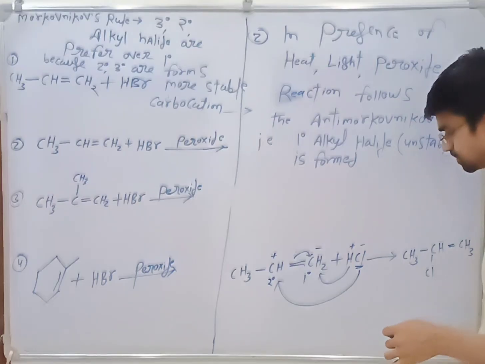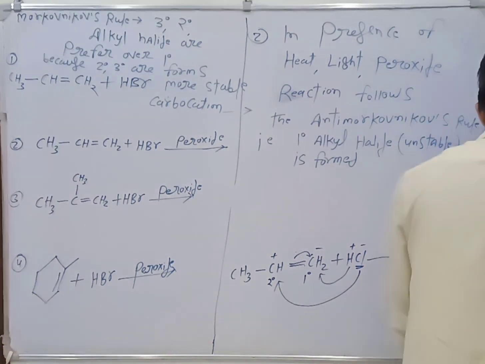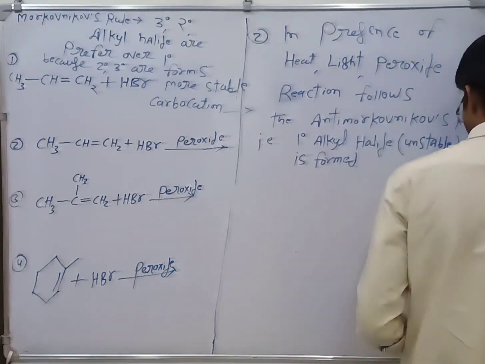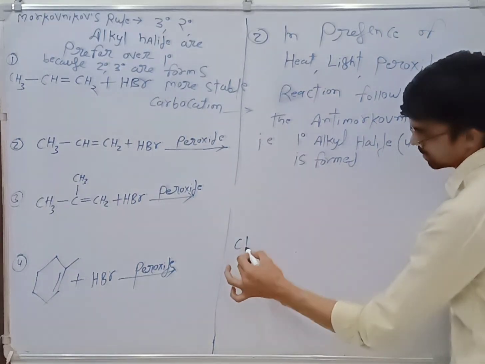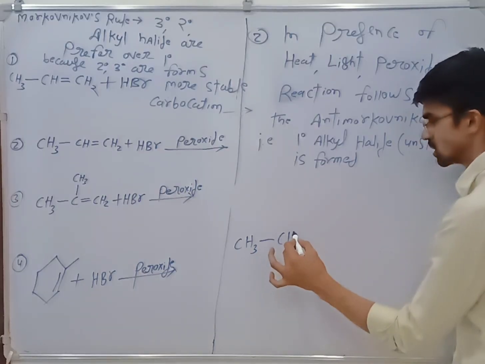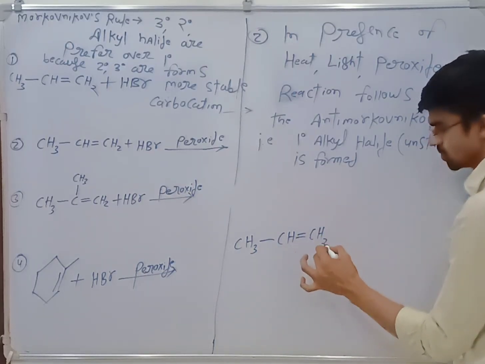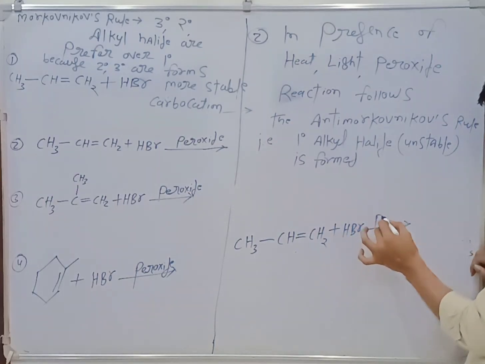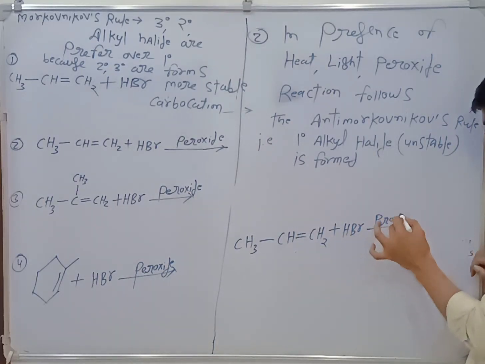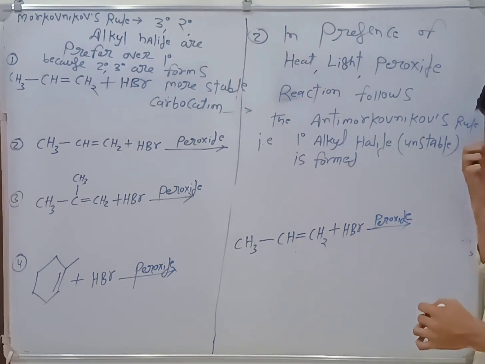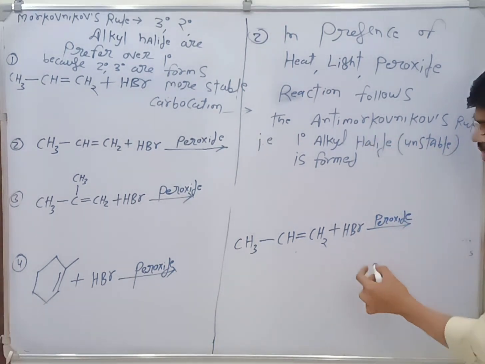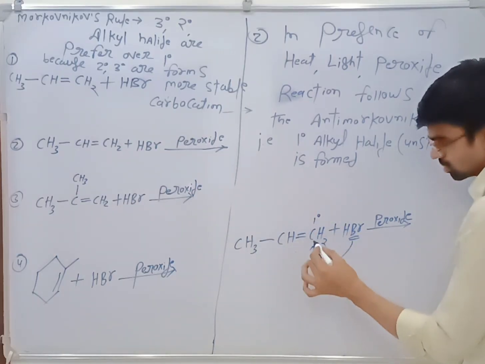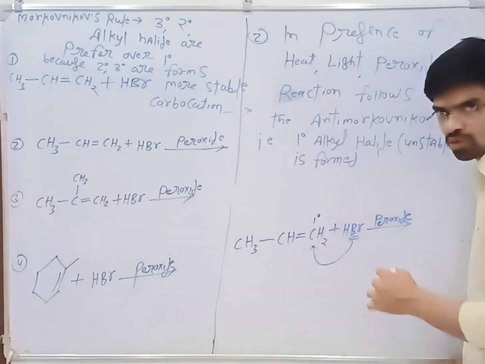So in the same case, if we use peroxide in the same reaction, like we are having an asymmetric alkene CH3 CH double bond CH2 reacting with HBr in the presence of peroxide, now the reaction will follow the anti-Markovnikov rule. Now the Br will get attached to the 1 degree carbon, not the 2 degree carbon, and forms a 1 degree halide.